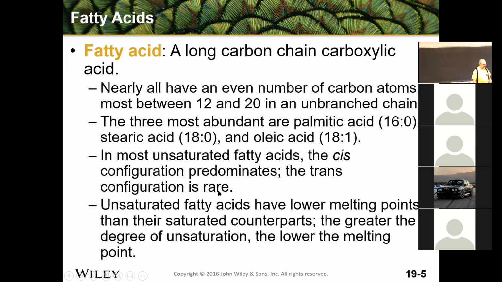The trans configuration is rare. Unsaturated fatty acids have lower melting points than their saturated counterparts. The greater the degree of unsaturation, that is, the more double bonds, the lower the melting point.